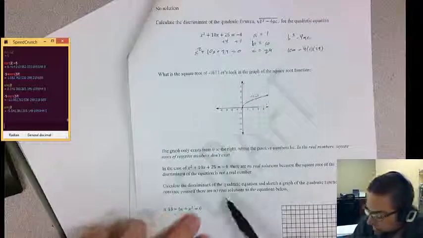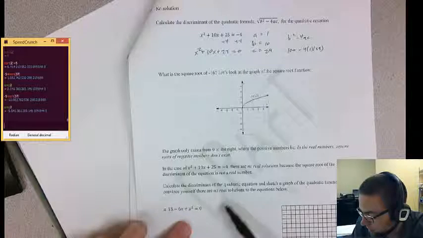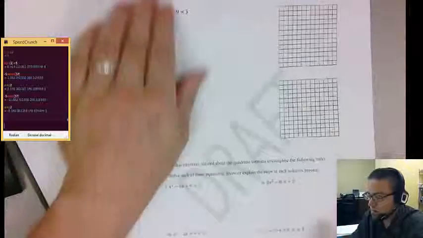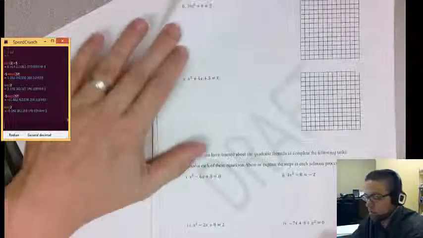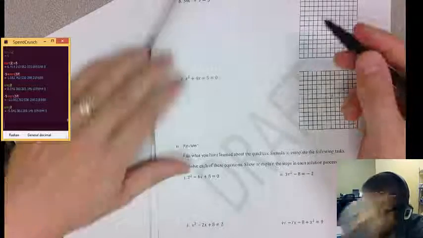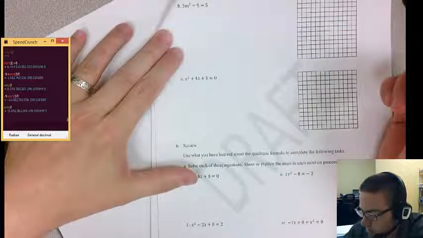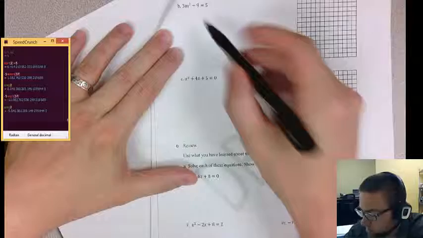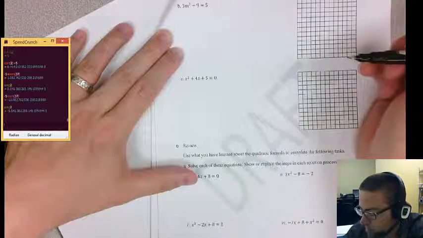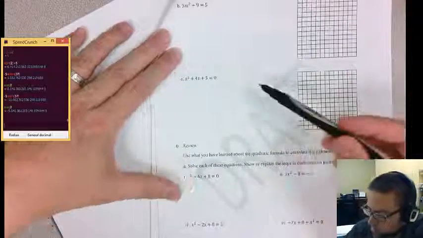Okay, so if you calculate the discriminant for the quadratic equation for these different problems, you should be able to tell me if there's going to be one solution, no solution, or two solutions. So rearrange that, find out what the square root is.